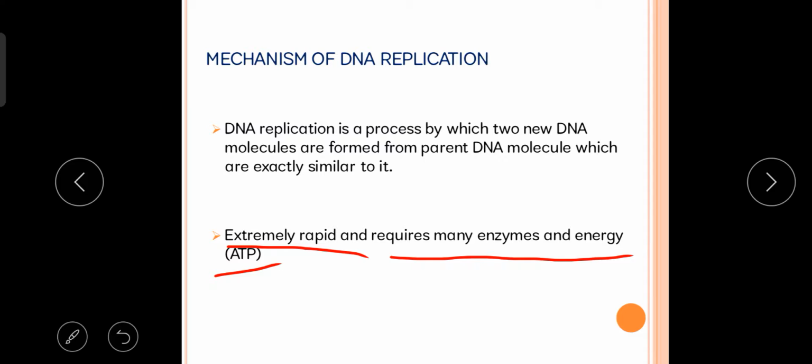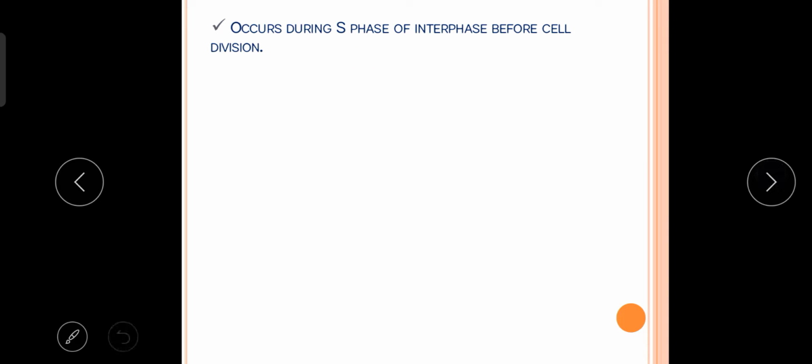I have told you already that the mechanism of DNA replication is enzyme oriented, and extremely rapid. Now you should know the DNA replication process occurs during the S phase of interphase in the cell cycle.